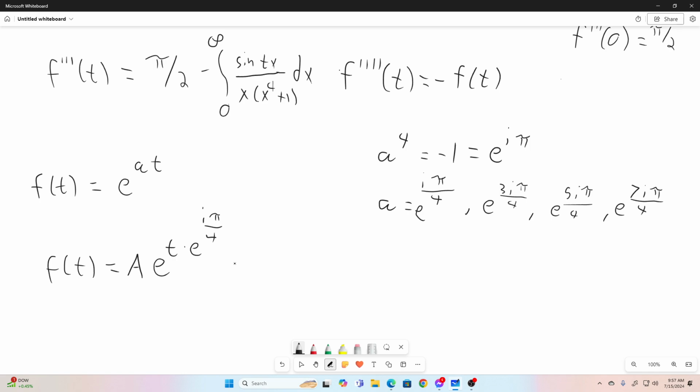So f of t is equal to a e to the t times e to the I pi over 4 plus b times e to the t times e to the 3I pi over 4 plus c times e to the t times e to the 5 I pi over 4 plus finally d times e to the t times e to the 7 I pi over 4.